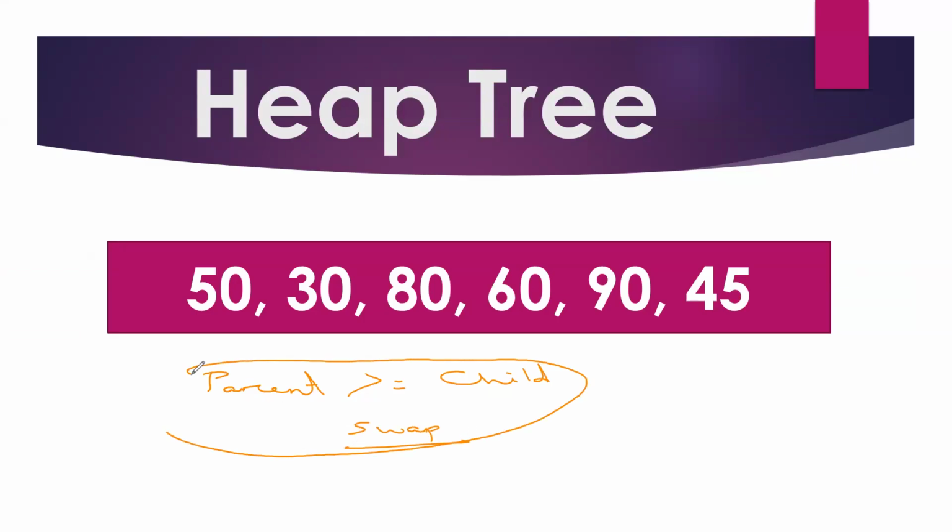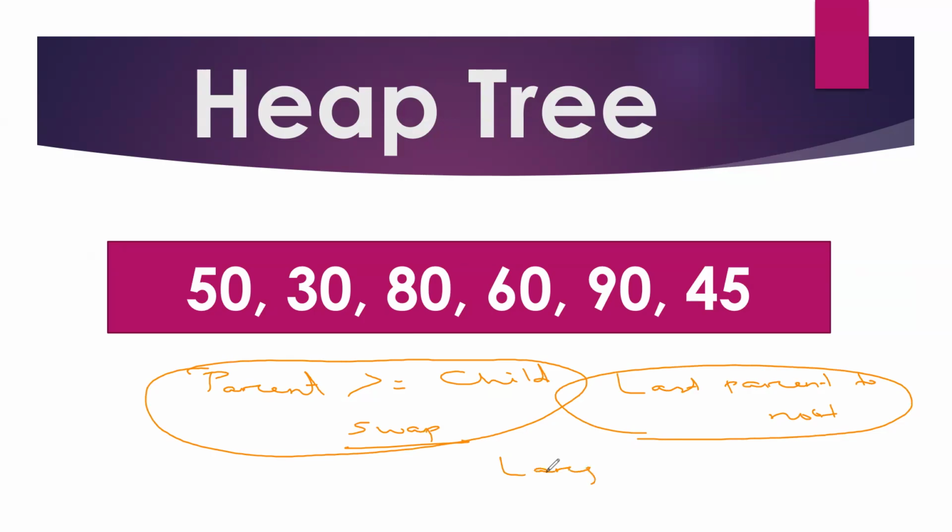After completing from the last parent to the root element, you will get the largest element at the root. Okay. Then you swap the last element with the root element. Okay. So you'll get one element sorted. Clear? After that, again apply max heapify to the root. This is the principle of heap sort.